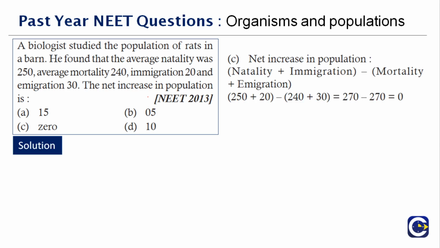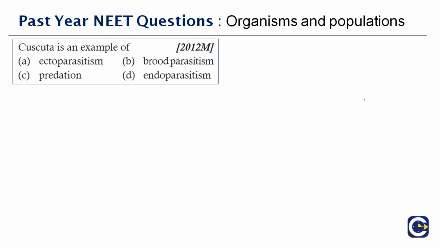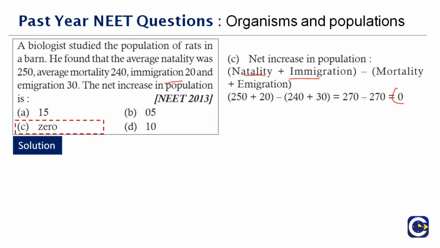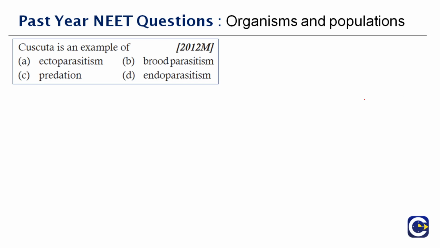The net increase in population can be symbolized with natality plus immigration minus the mortality plus emigration. So when you add it, the answer will be 0. Therefore the right answer to this question is option C, 0. So this is a formula that you need to remember when you have to calculate the net increase in population.